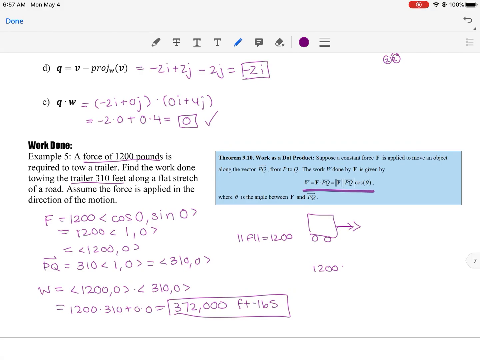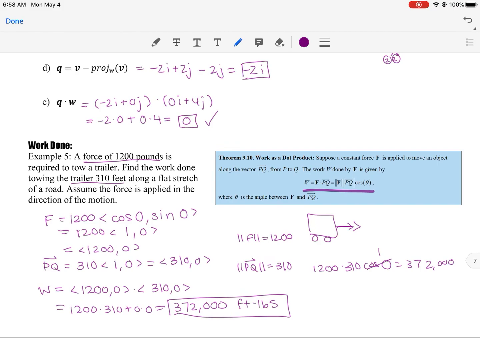The magnitude of PQ, that vector PQ, is going to be 310, with similar reasoning: 310 squared plus 0 squared, square rooted, is 310. And then cosine of theta, which in our case theta is 0, is 1. So we get the same answer: 1 times those two together is 372,000.